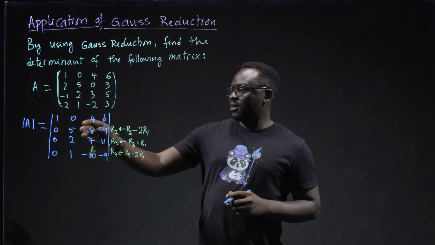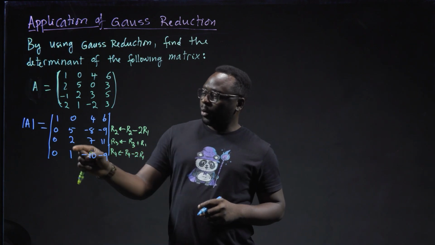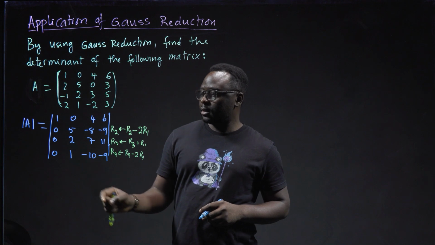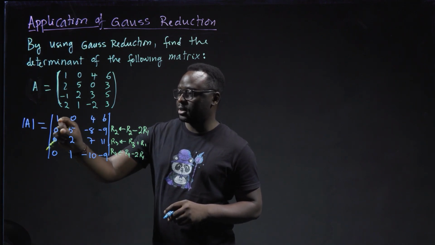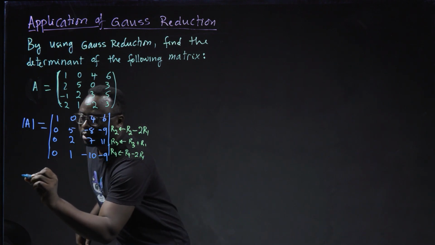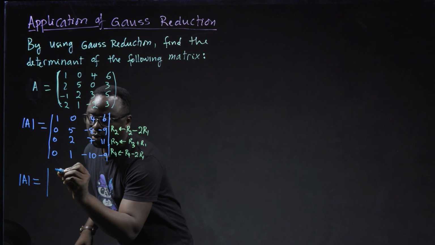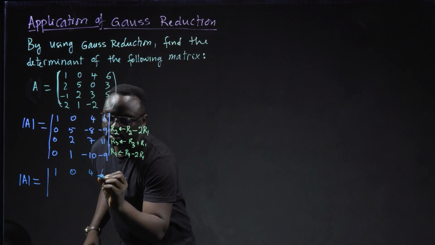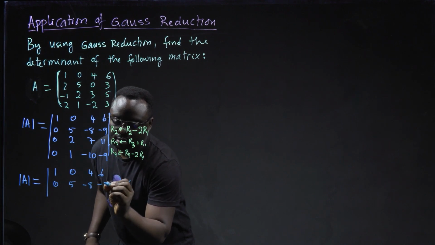All right, we are done with the first column. Now let's move to the second column. We want to get rid of this 2 and 1. So we rewrite the first row and the second row as they are now: 1, 0, 4, 6, and 0, 5, minus 8, minus 9.